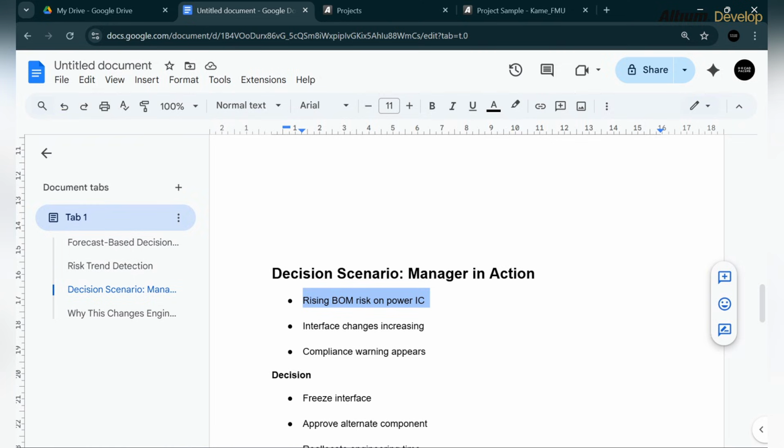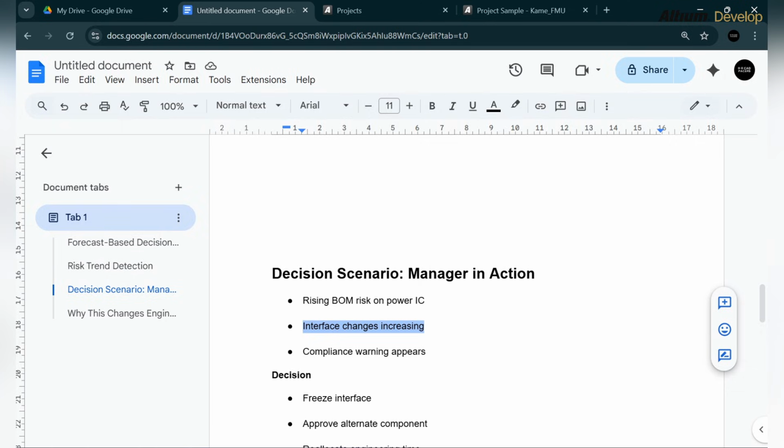So in the future its price may get even higher, which is not recommended from a product point of view. So we have to remove that IC and use some alternate. That's how the manager basically looks at the trends.